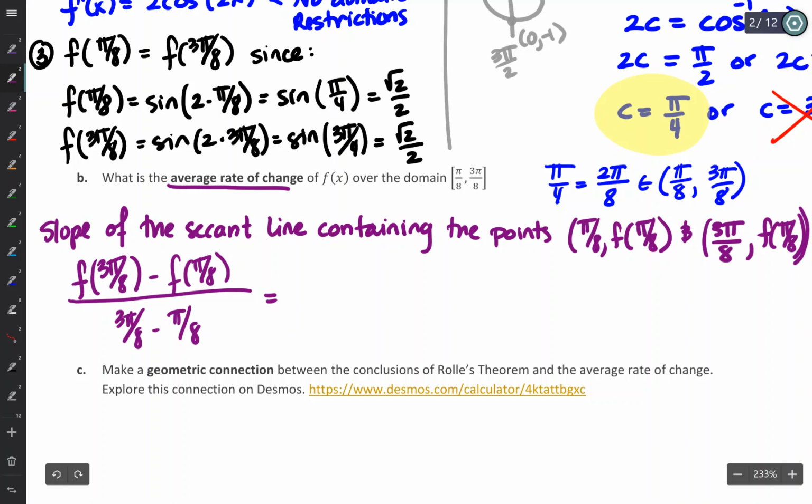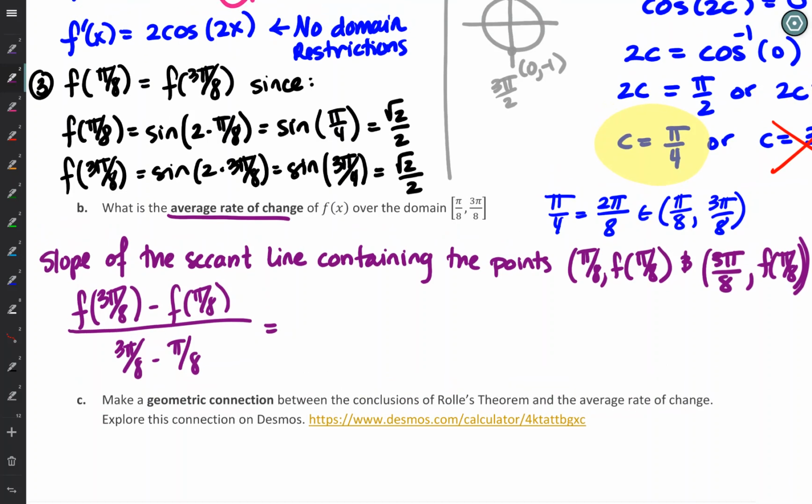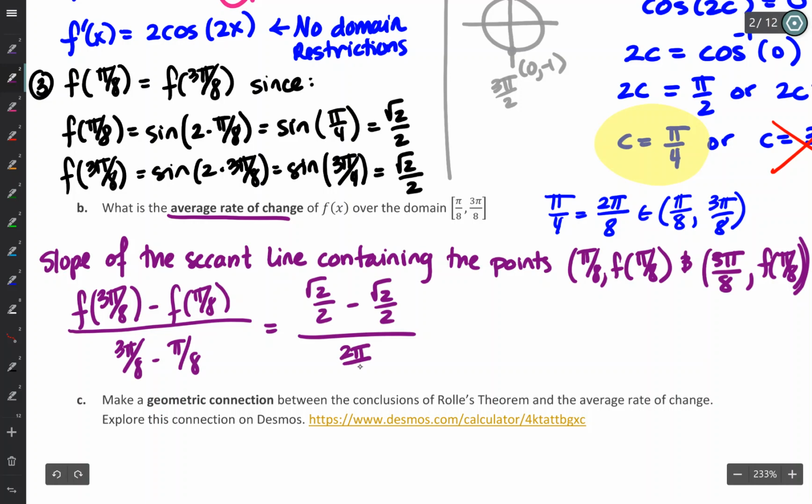And we found in part A that f of 3 pi over 8 was root 2 over 2, and f of pi over 8 was also root 2 over 2. Three eighths minus 1/8 is 2/8, or a fourth. But we have a 0 in the numerator. This is 0.